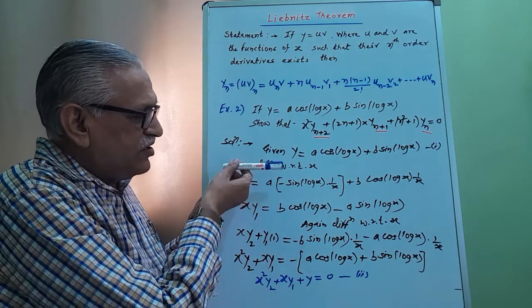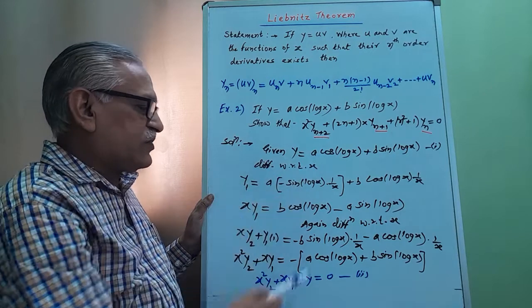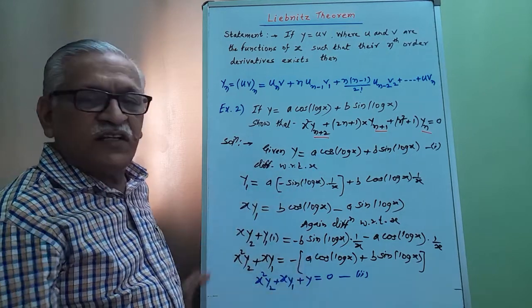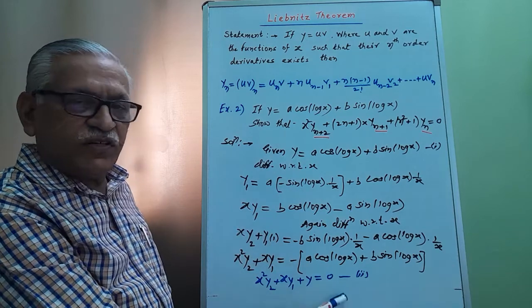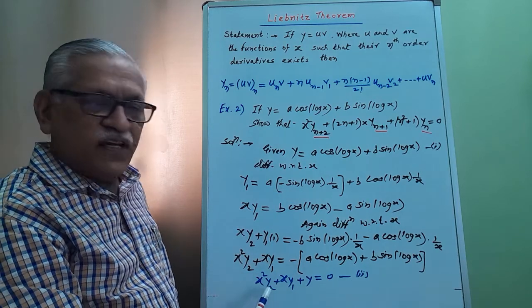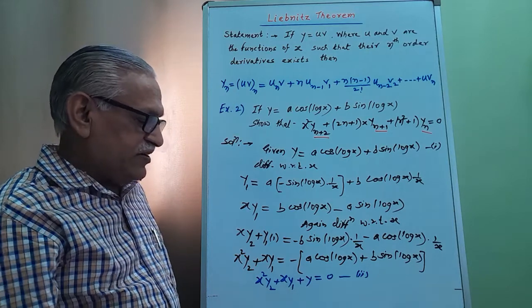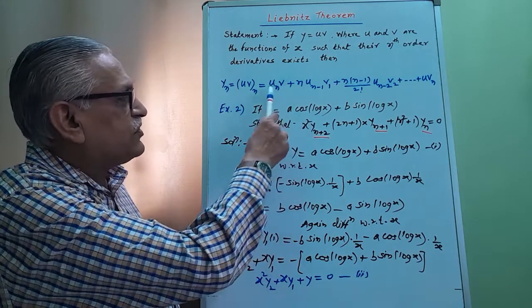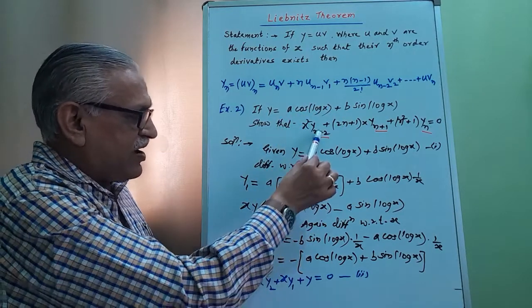Therefore, once again I will repeat the steps. First I have differentiated it with respect to x. Whatever the result, once again I will differentiate it with respect to x to get equation number 2, where we have the term x square into y2 plus x into y1 and plus y. And therefore, if you observe here, the required first term is x square and yn plus 2.